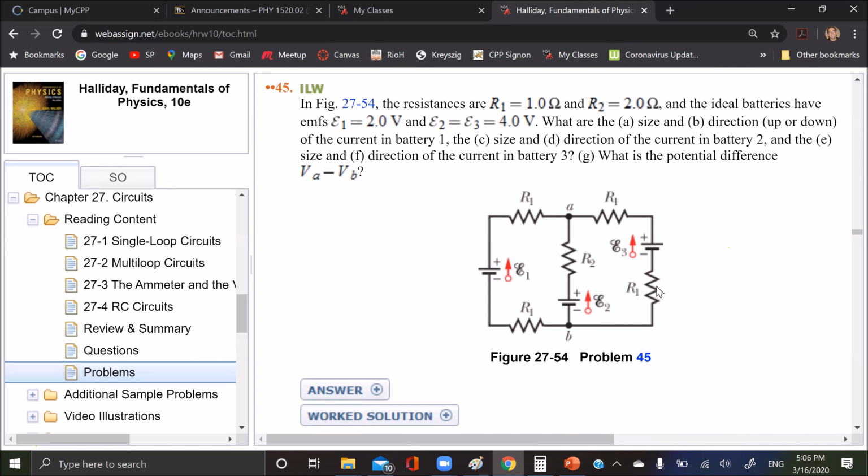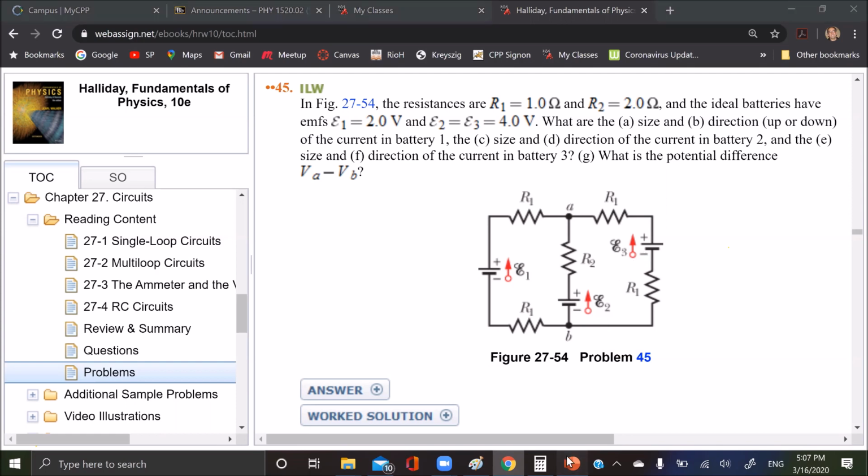This R1 and this R1, and then R2 is 2 ohm. So all the resistances are the same. This is 2 ohm. The sum of these two that are in series is also 2 ohms. All right, so we can reduce this, and E1 is 2 volts, E2 and E3 are 4 volts.